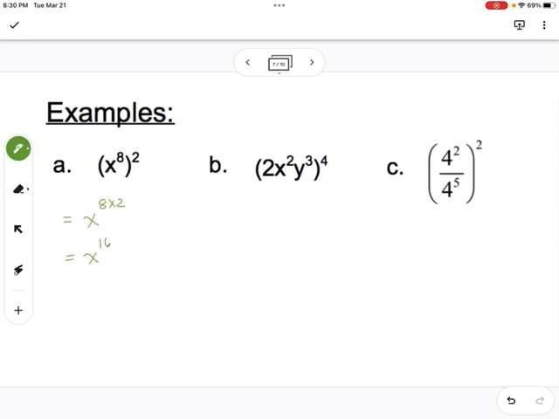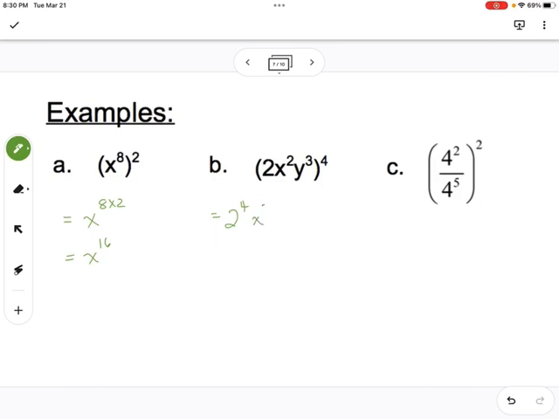The next one, we have 2x squared y cubed, all to the exponent 4. So this exponent 4 needs to go to every single piece that's here. So we're going to have 2 to the exponent 4 and x squared to the exponent 4, power of a power, we multiply those.